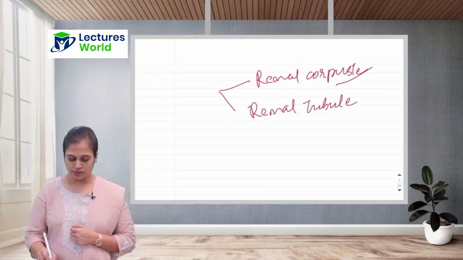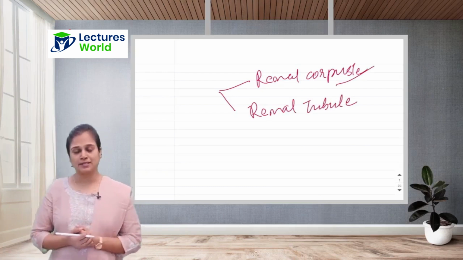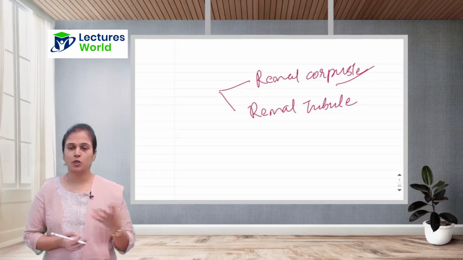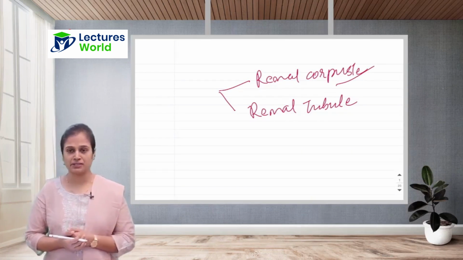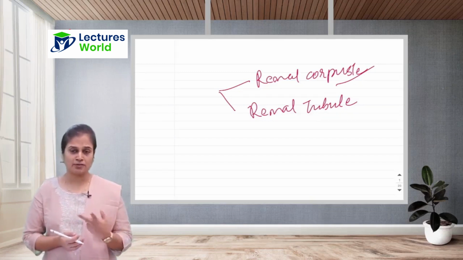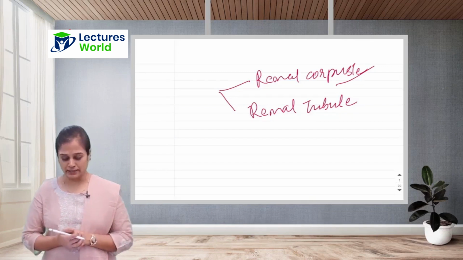Now the renal corpuscle has two main structures, that is the glomerulus and the Bowman's capsule. The glomerulus has the efferent and afferent arterioles, and the Bowman's capsule has two layers, the visceral and the parietal layers.